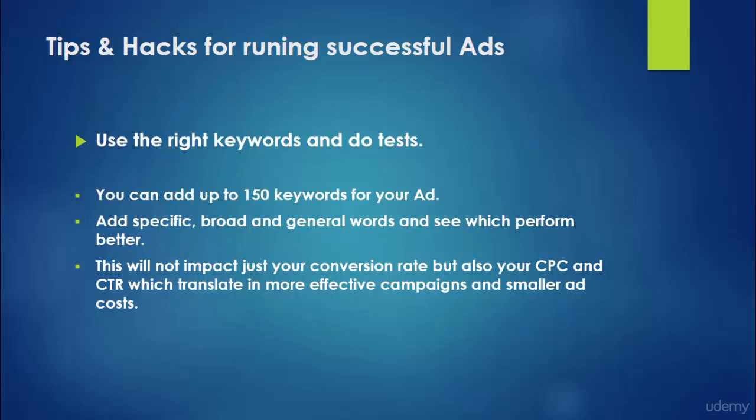The higher your click-through rate, the lower your cost per click will be for your promoted pin, and that way you will get cheaper traffic, for pennies per click, if you want to say so. So these are the things that you need to keep in mind when you are using keywords to target your perfect audience for your ad.